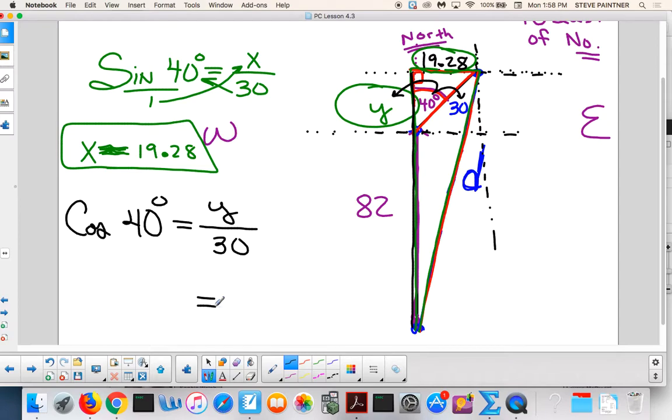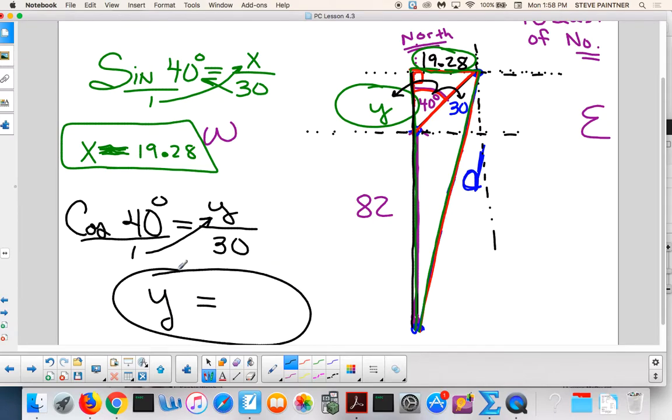Oh, this is another easy one. 30 times cosine of 40 is what? 22.98. Got it. I'm getting it slowly.